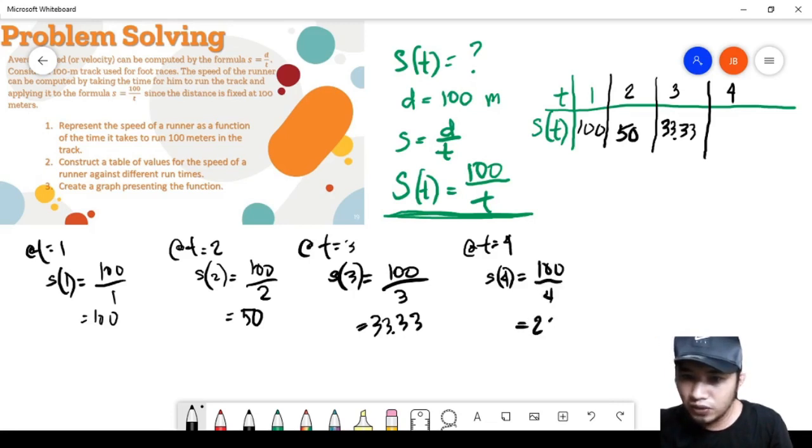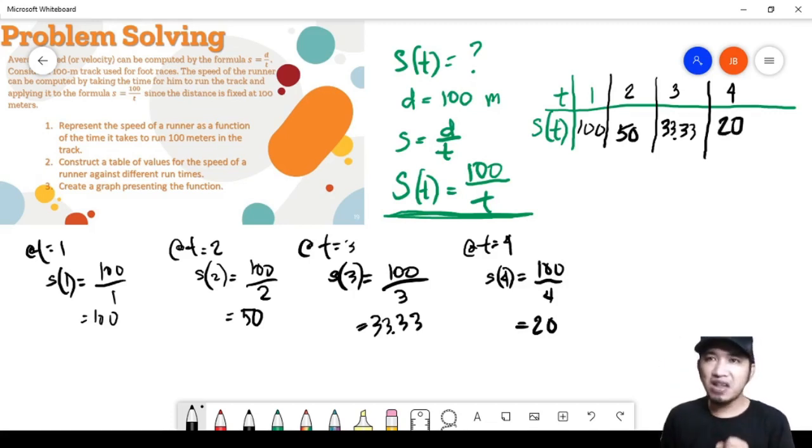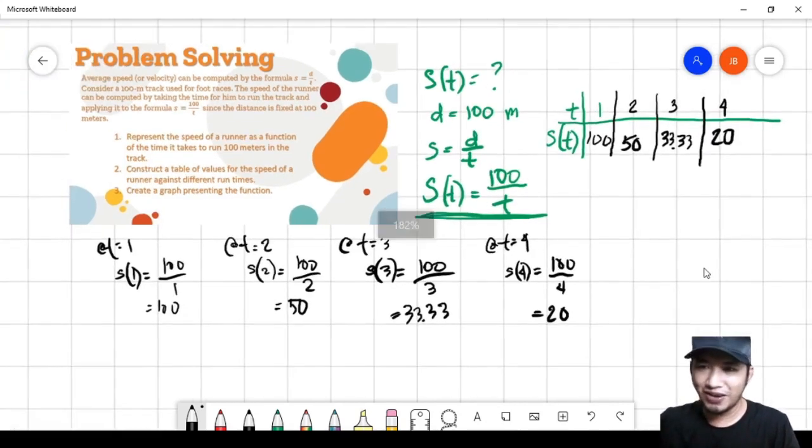And that is equal to 20, lalong bumaba. Bakit kaya? So, ibig sabihin, nung kakaumpisa niyang tumakbo, mabilis talaga siya. Pero habang tumatagal siyang tumatakbo, pabagal ng pabagal. Kasi nga, napapagod siya. Oh, yun yung sagot doon.